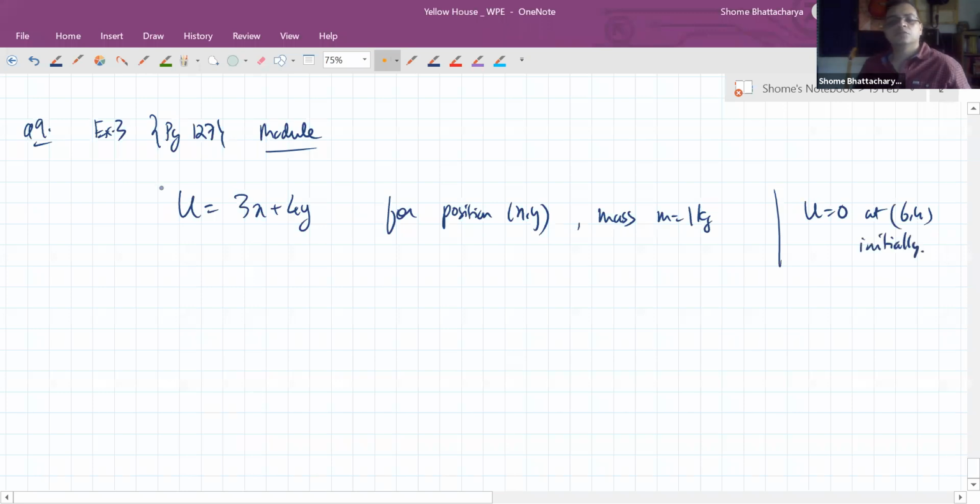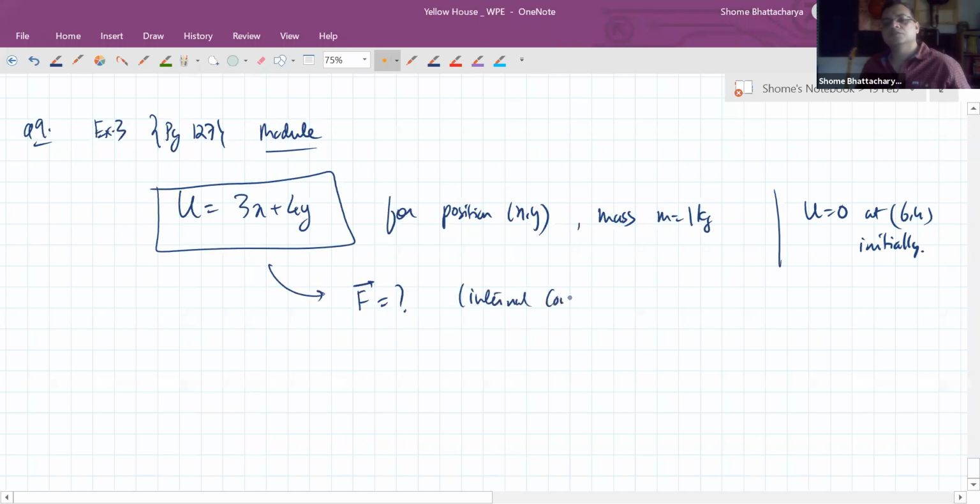Okay. So from this, let us first understand about the force, the internal conservative force. So we can see that delta U is negative of work done by internal conservative force. So it is minus of integration of F dot ds.